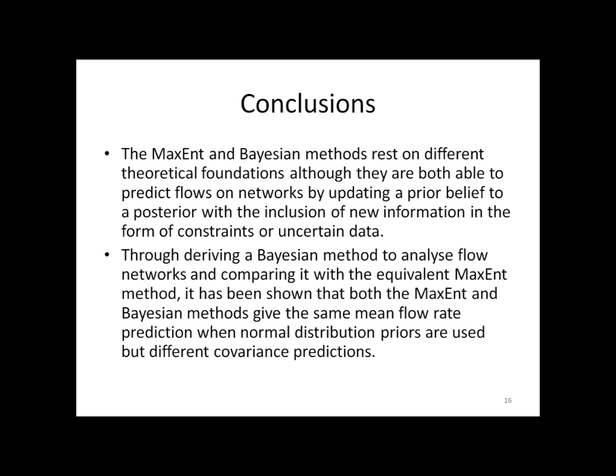Now, there's one large advantage of the MaxEnt method over the Bayesian method, in that in the MaxEnt method, I incorporate the interactions between variables within the Lagrange multipliers. Within the Bayes method, those interactions go into the covariance matrix. Not having any covariances is a major advantage, because you can integrate each dimension as a one-dimensional integral and then multiply those integrals together to get your final posterior PDF.